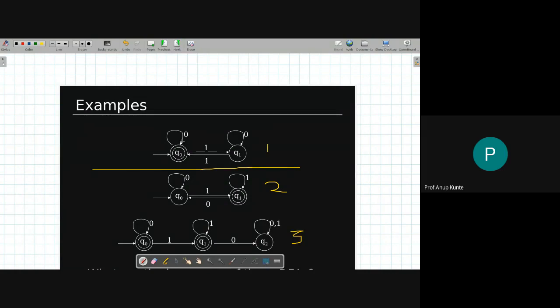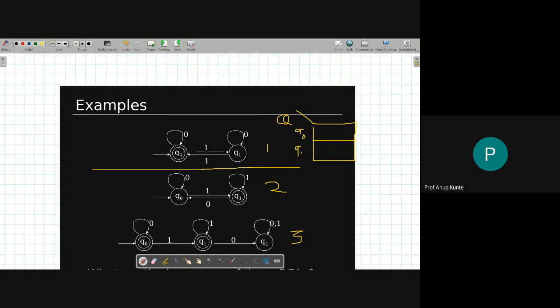If you are given a transition diagram and don't know anything else, a simple thing you can do is create a table called a transition table. I already said what a transition table is. You enlist states in rows. There are two rows because there are two states: first is Q0, second is Q1.